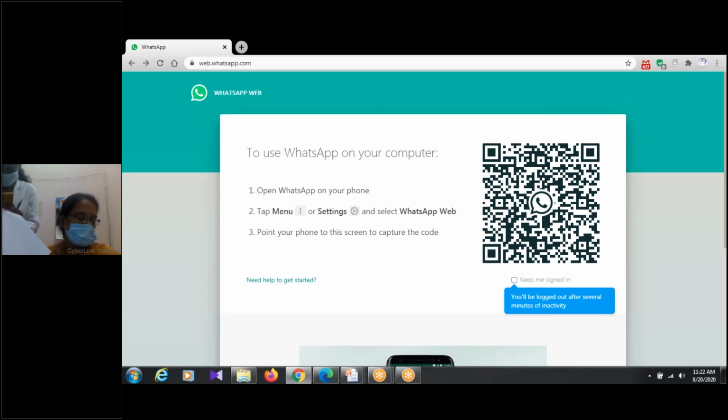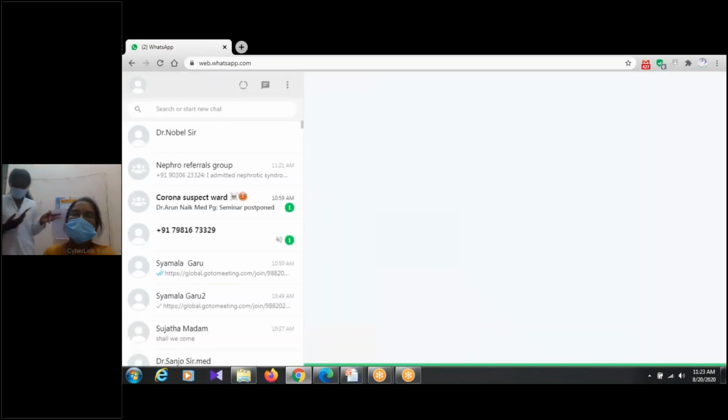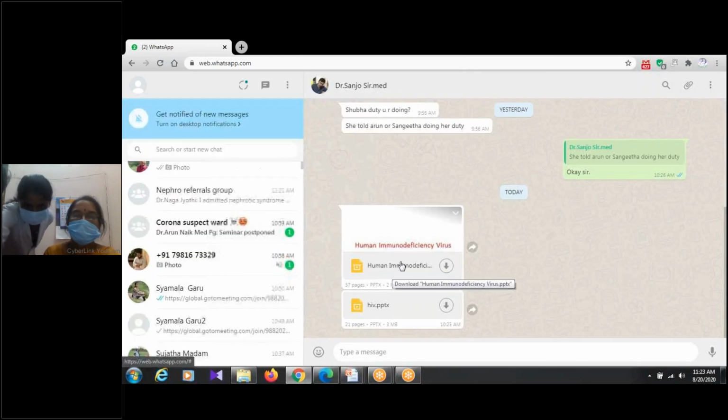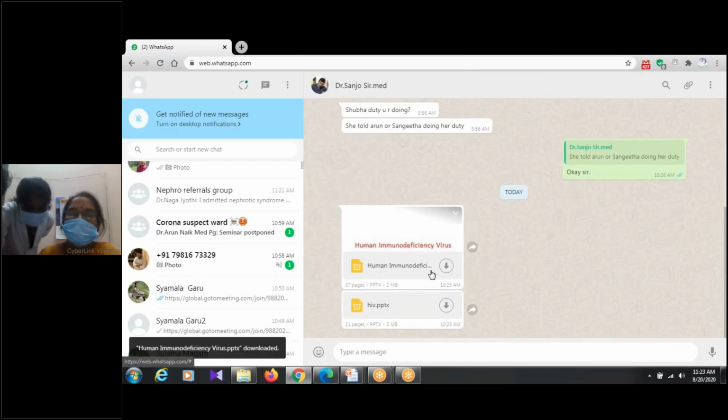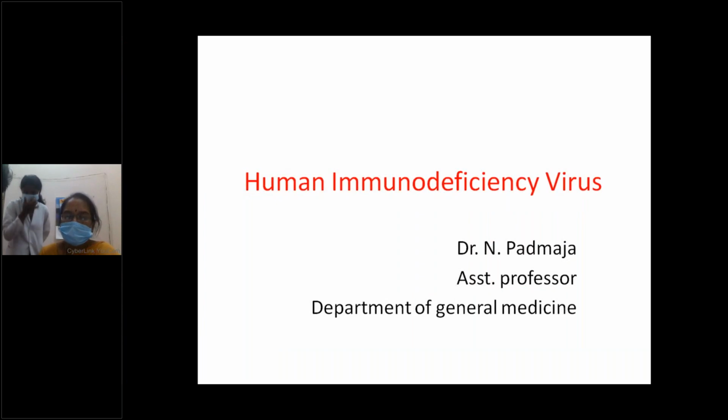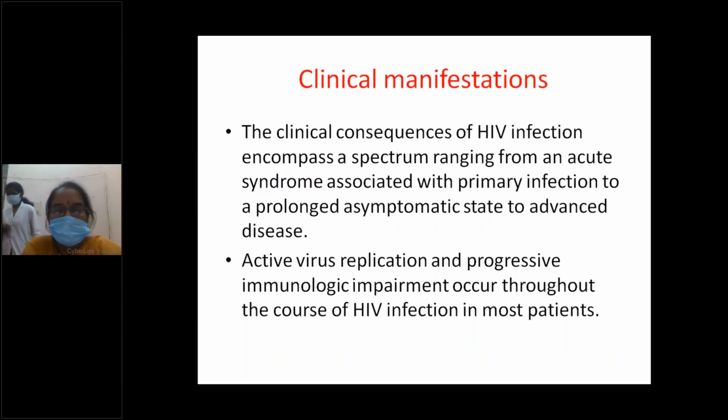Clinical manifestations. Before going to clinical manifestations, how to diagnose HIV?